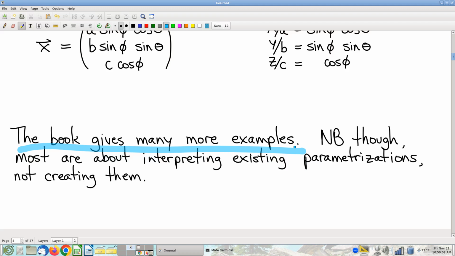The book shows you how to figure out other knowledge of the surface from an existing given parameterization. So that's still good stuff. And in fact, by the way, the torus example is in the book, but what they don't give is information on how to create the parameterization of the torus. So, anyway, still good examples in the book, and I hope you'll take a look at them.